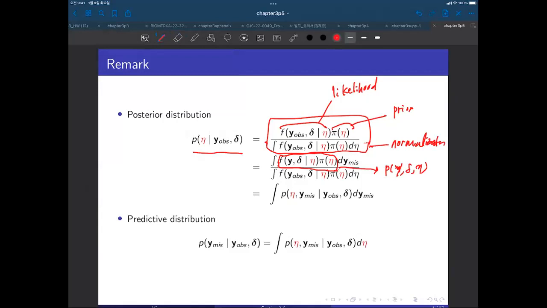And the denominator is the marginal density of y and delta.